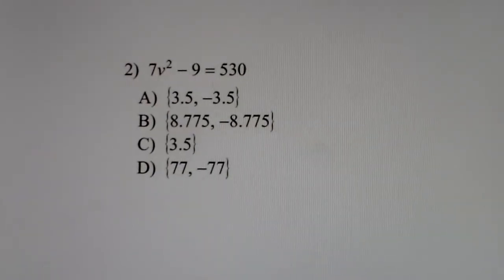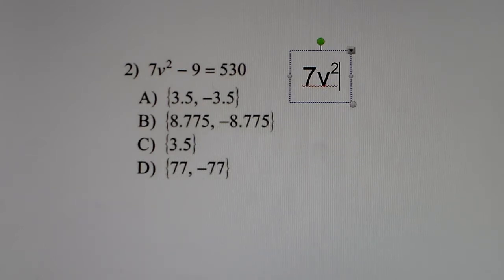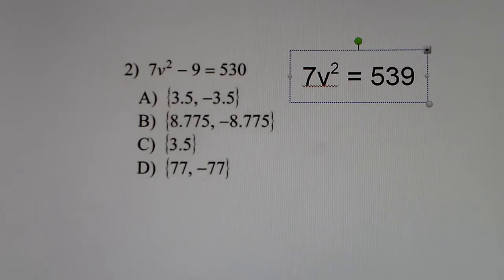Make it a little bit bigger. First we add 9 to both sides, so we're going to have 7v squared is equal to 539. So all I did was just add 9 to both sides, which a lot of you guys are already very comfortable with, addition and subtraction when using inverse operations, so I'm not going to write out that step. 539.